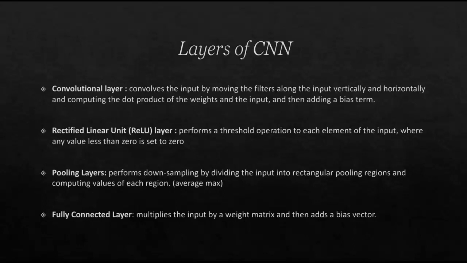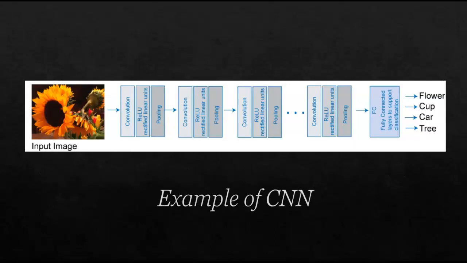The pooling layer performs downsampling by dividing the input into rectangular pooling regions and computing values for each region, and this is called the average max. The fully connected layer multiplies the input by a weight matrix and then adds a bias vector.